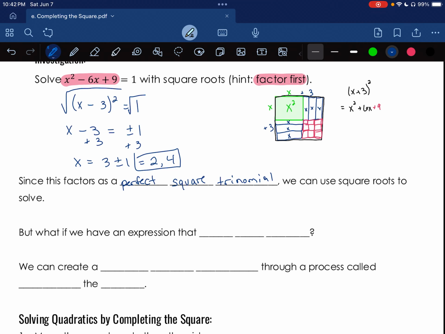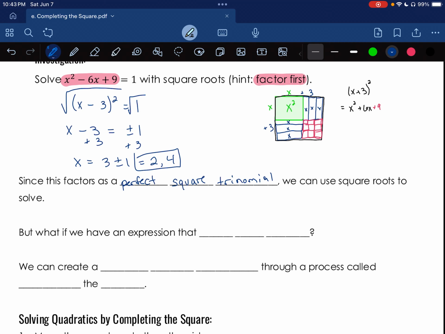Well, that is so nice. Being able to solve with square roots, like I have said before, just feels really intuitive, right? Because it's the inverse of squaring. So why can't we do that more often? Today we are going to manipulate situations so that we can solve with square roots by completing the square.